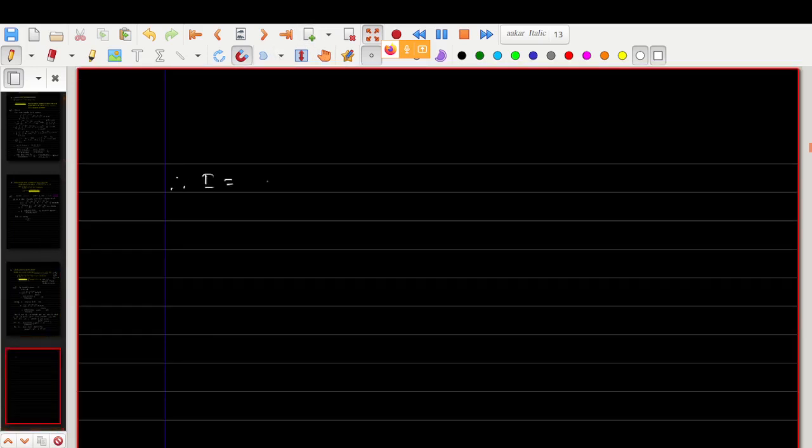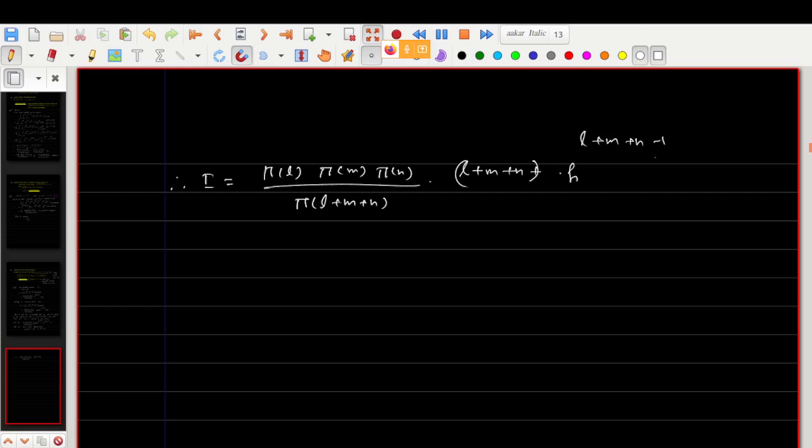Then I turns out to be gamma L, gamma N by gamma of L plus M plus N times L plus M plus N times H power L plus M plus N minus 1 delta H, right?